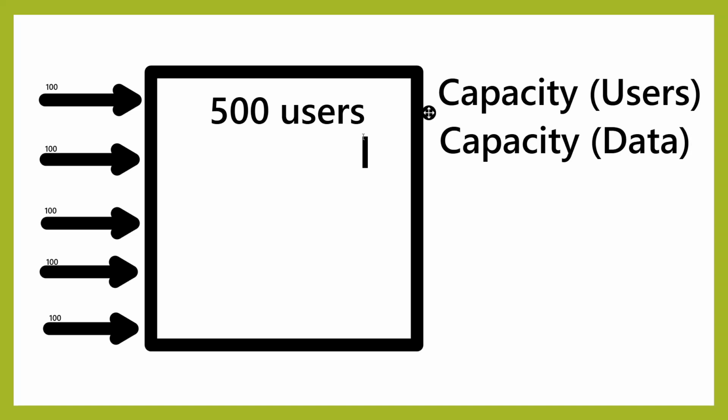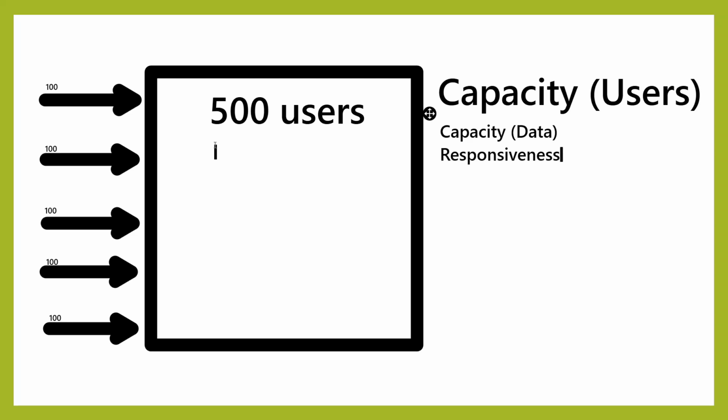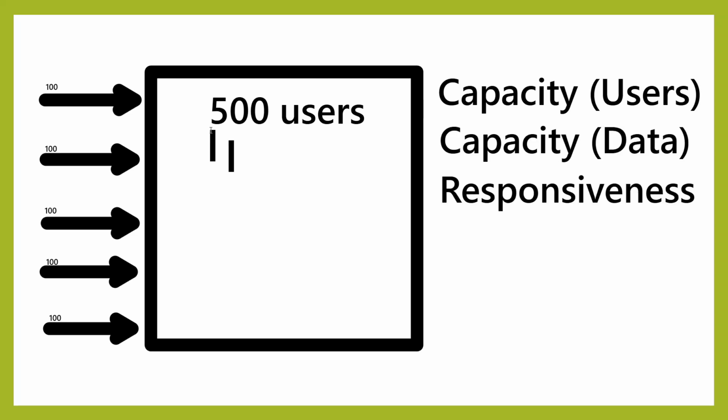Now one more thing, in performance testing we also check the responsiveness of the system. Now what is responsiveness? Suppose these users are coming in over here. We should get responses in a very short span of time.